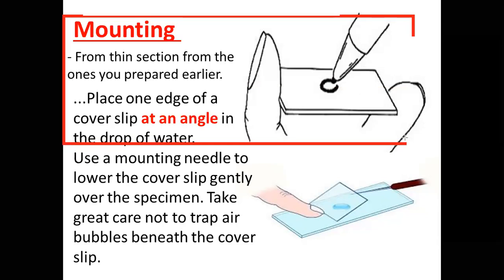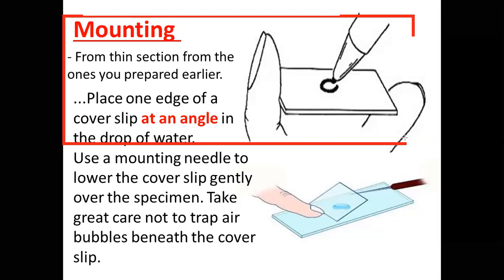Then using your inoculating needle at an angle of 45 degrees, you hold the cover slip with the inoculating needle, and then you release it slowly. You slide it in the way I've illustrated here.